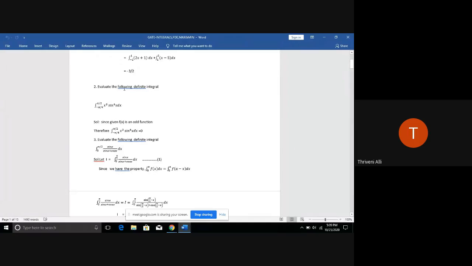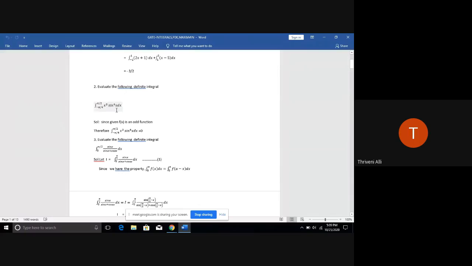Before going to that, we have to check whether the given function is an odd function or an even function. The function is x cube sine power 4x.